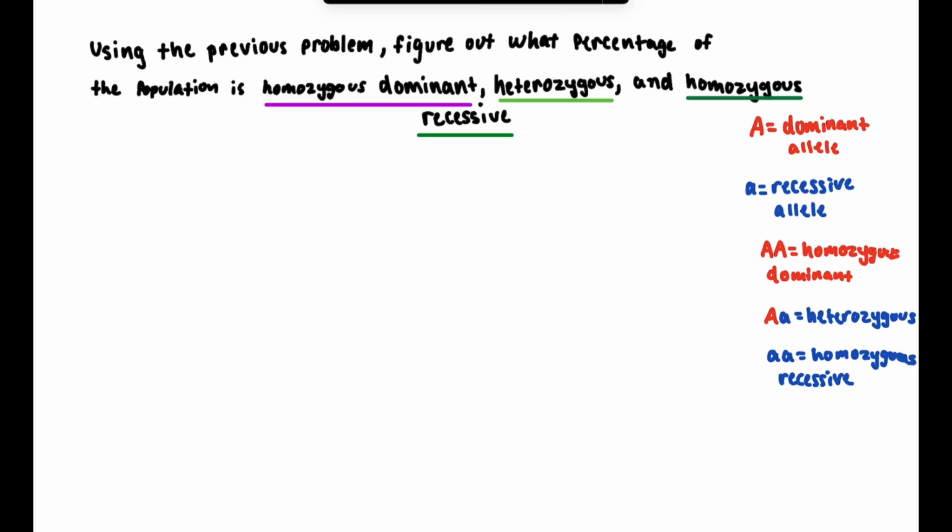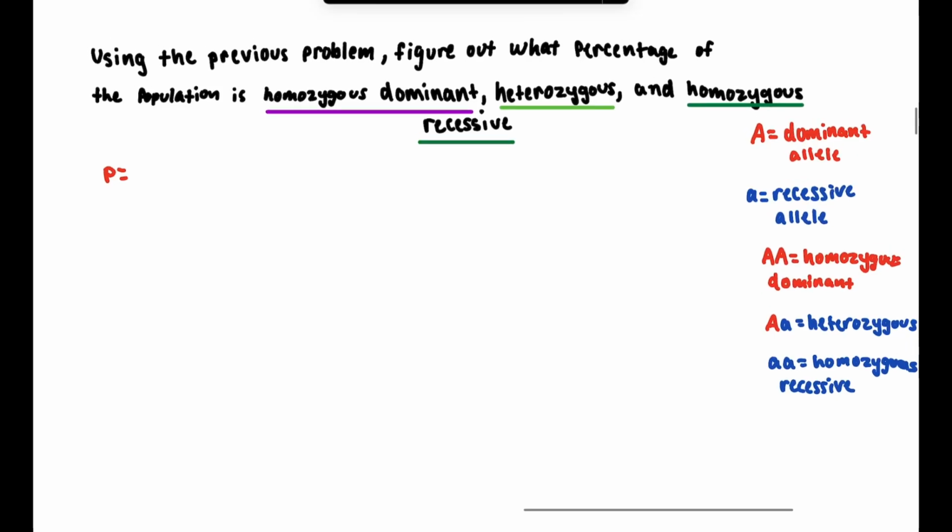Looking back on the previous problem, we know that the frequency of p, your dominant allele, is equal to 0.6, and that the frequency of q, the recessive allele, is equal to 0.4. Now, let's use the genotype frequency equation to figure out the percentage of the population that's homozygous dominant, heterozygous, and homozygous recessive.